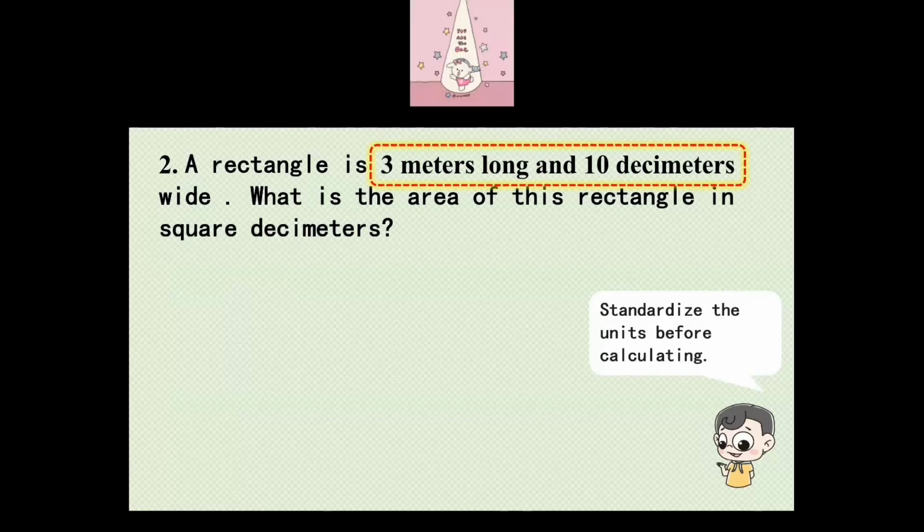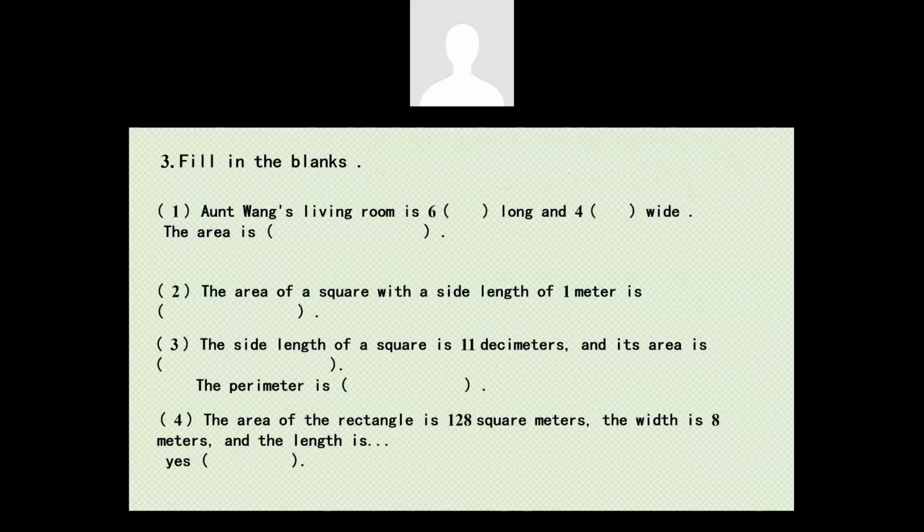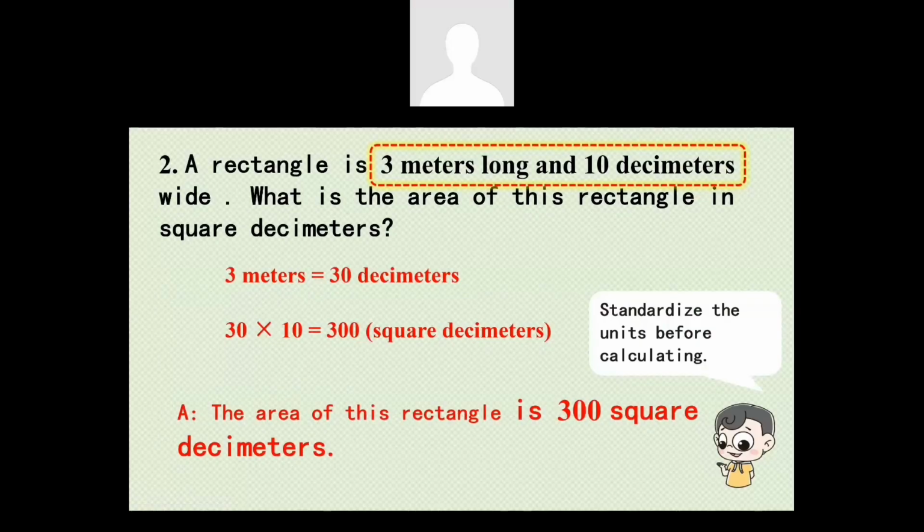Who can answer? 30 decimeters. So the area equals 30 multiplied by 10 equals 300 square decimeters.